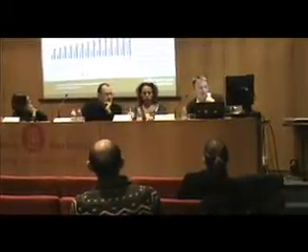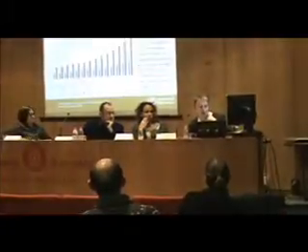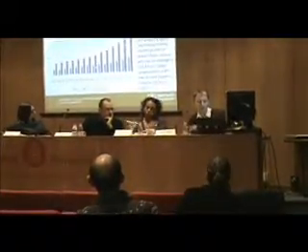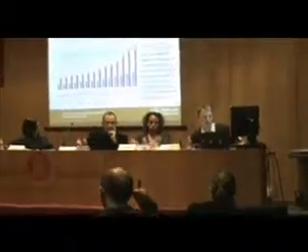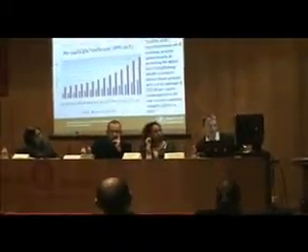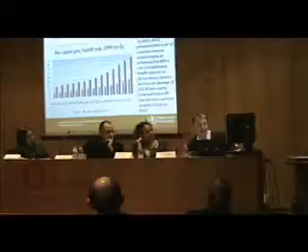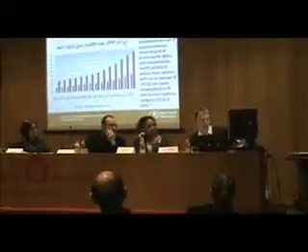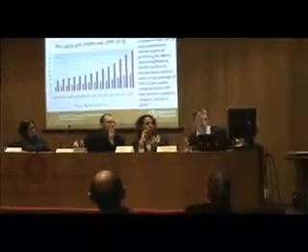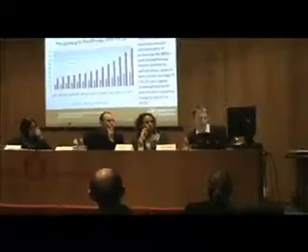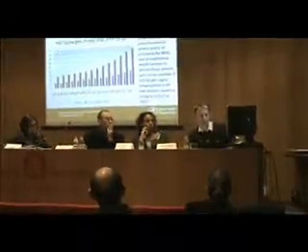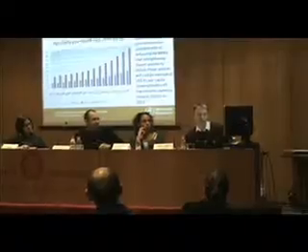And again, you can see that the blue is India, the red is the average for all lower middle income countries. You can see the absolute levels of health spending remain quite low, just over $30 US, and way below the average for lower middle income countries.